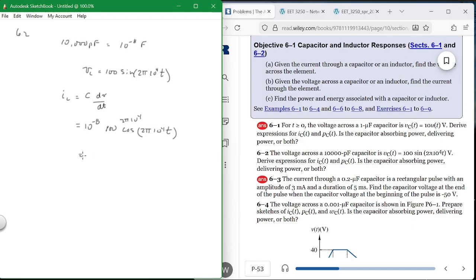So in essence you have 10 to the minus 8th times 10 squared times 10 to the fourth times 2 pi times cosine of 2 pi times 10 to the fourth t. That's the expression for I of C. So that is 2 pi times 10 to the minus 2 cos of 2 pi times 10 to the fourth t.